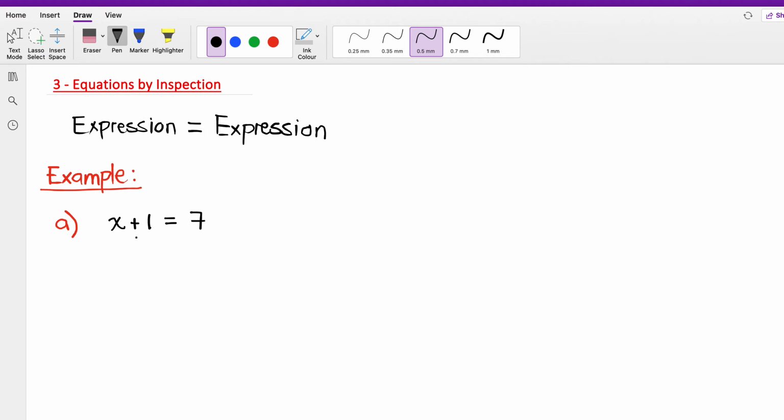If I ask what is that number, remember I said you have been working this since primary school. You might have had something like a number plus 1 is equal to 7.